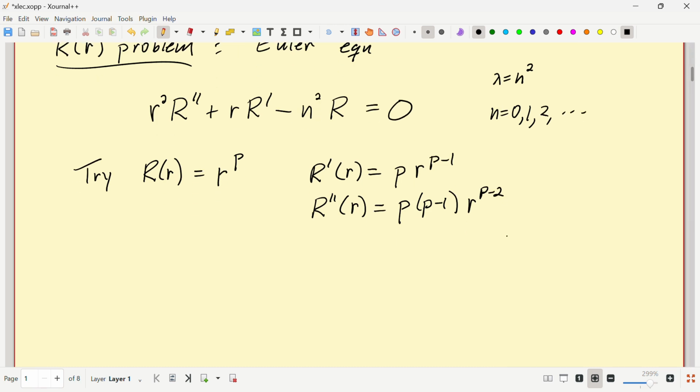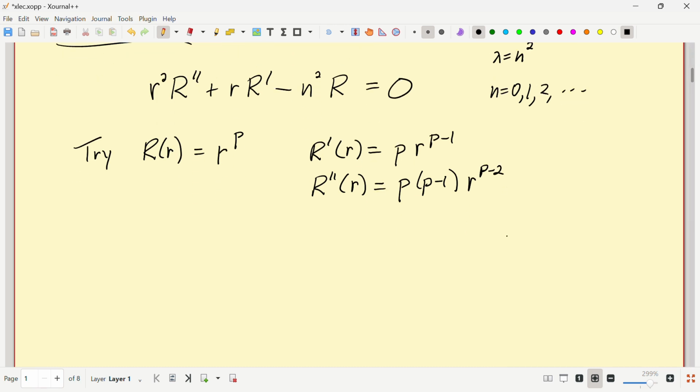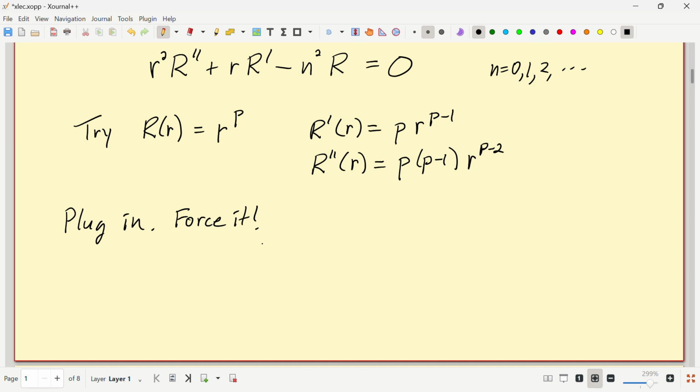And the typical thing in ODE is plug it in and try to force it to work. Of course, this is in the books because it works. If it didn't work, it wouldn't be in the books.